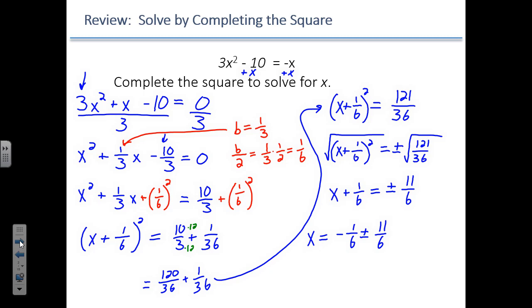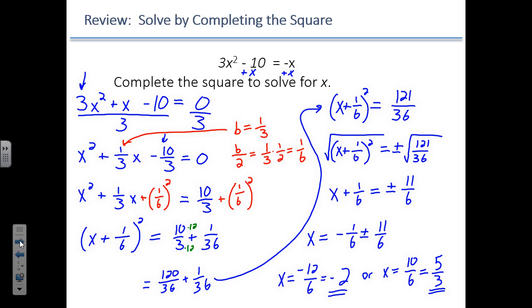Okay, now if we evaluate each of those, negative 1/6 minus 11/6, we would have x equals negative 12/6, which reduces to negative 2. There's one of our two solutions. If we add, we would get x equals negative 1 plus 11, that's 10/6, which reduces to become 5/3, and there's our other solution. So our quadratic yields two solutions here.